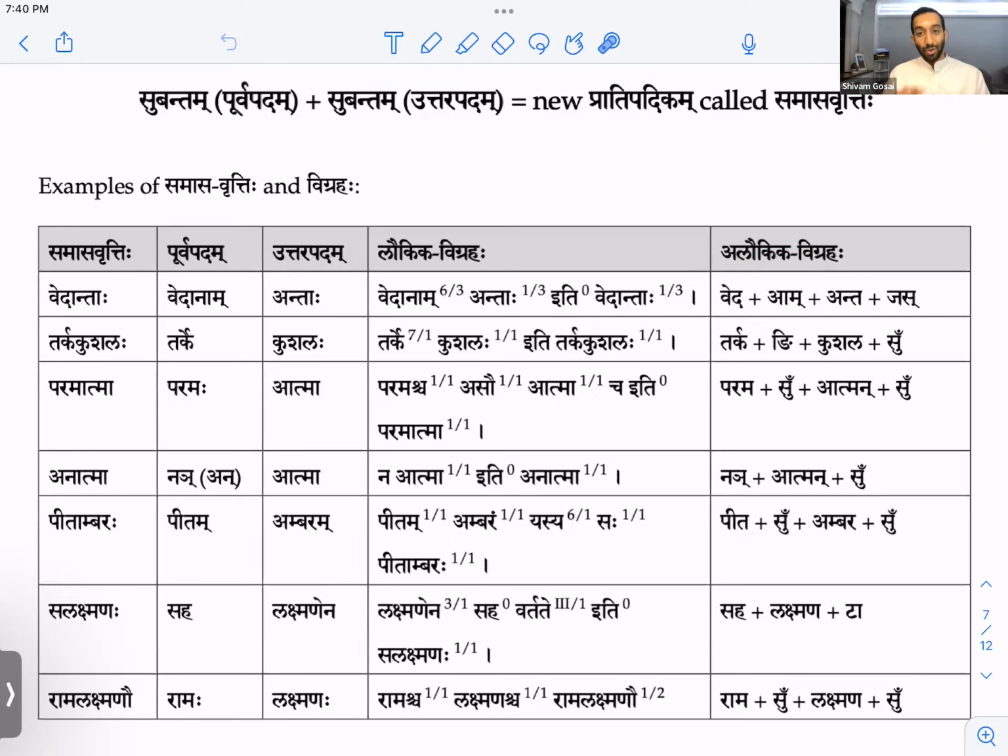Technically, the pratipadika alone is called the samasa. But once you decline it, you still want to indicate it came from a samasa, so sometimes they'll still call it a samasa. I hope that's clear, but that's the best that I can do.